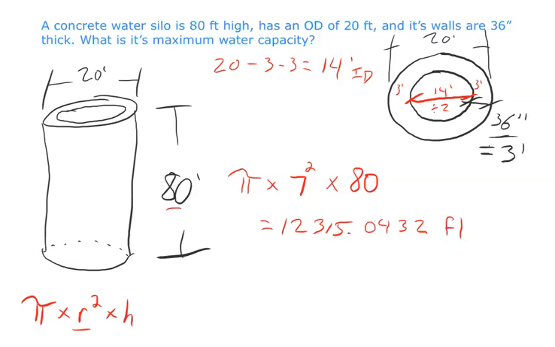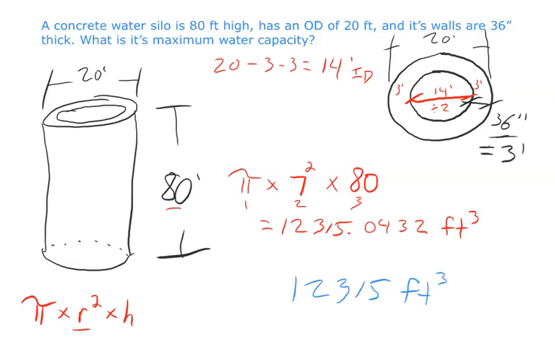And that again is in feet and cubed because we are multiplying 1, 2, 3 things together. We get cubic feet. So arbitrarily, we're going to round to the nearest cubic foot. Why not? So 12,315 feet cubed is our answer.